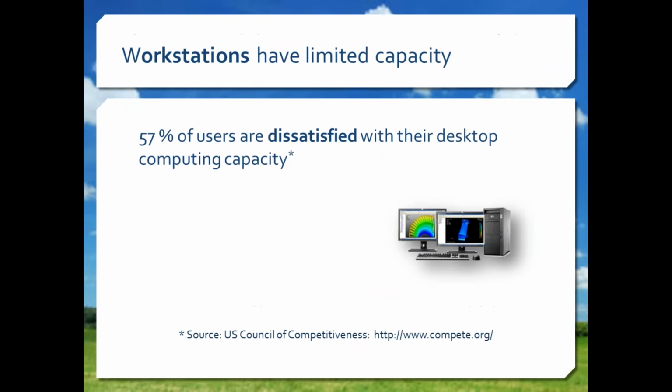Okay, so we did these 194 experiments so far, because we learned a lot about the current behavior and preferences of the engineers. And one is what you also can see from the US Council of Competitiveness.